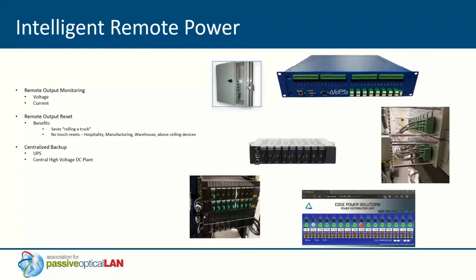But the most important benefit that we see is the remote output reset. And what that means is we can actually turn off and reset an ONT or an end device remotely without going out to that device.